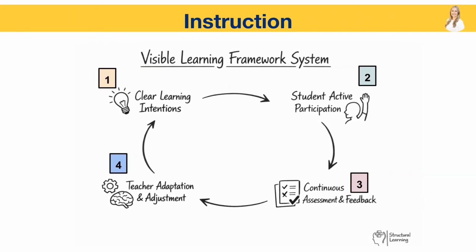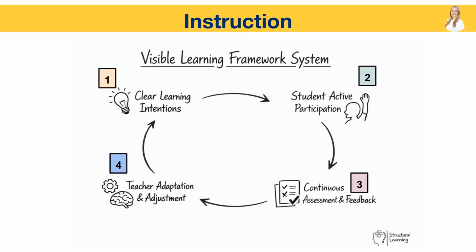Thanks, Dina. This framework helps us think about visible learning as an ongoing cycle. It begins with clear learning intentions, so students know what they are learning and why it matters. From there, we want students actively participating in the learning, not just passively receiving information. Next comes continuous assessment and feedback, where we check for understanding along the way and help students reflect on their progress.